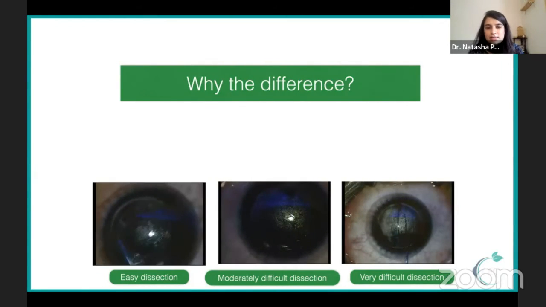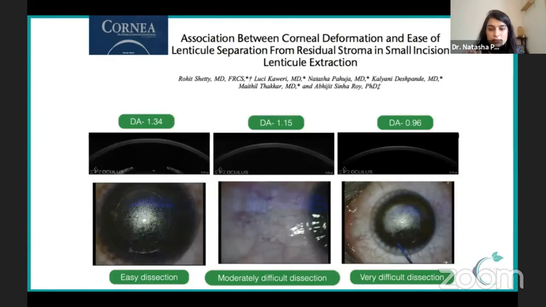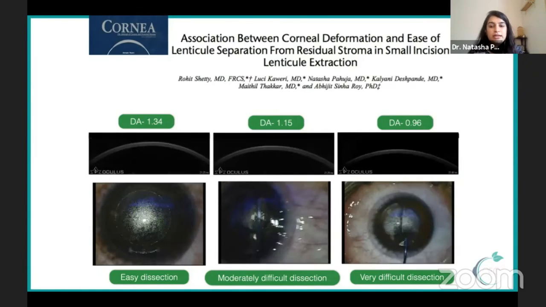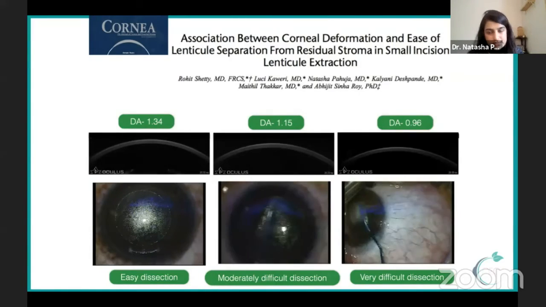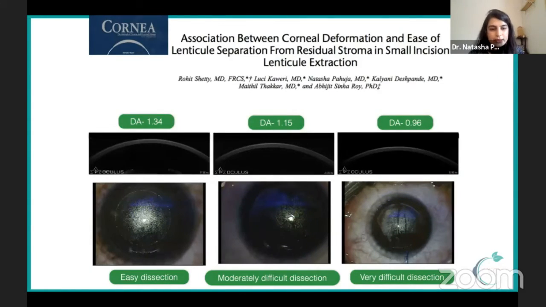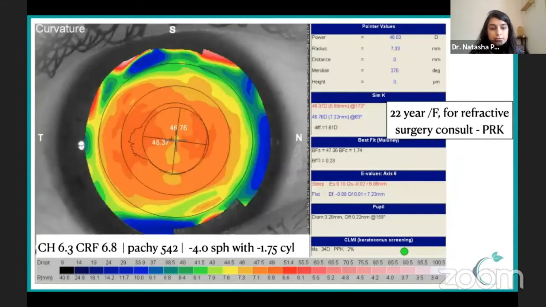But what we essentially notice is that it also depends on how strong the cornea is, and it helps us decide whether the dissection is going to be easier or difficult. If the cornea is stronger, obviously the dissection is slightly more difficult, but if the cornea is very weak and the deformation amplitude is very high, then the dissection is very easy because it's a softer cornea. And this paper was published in the Journal of Cornea.